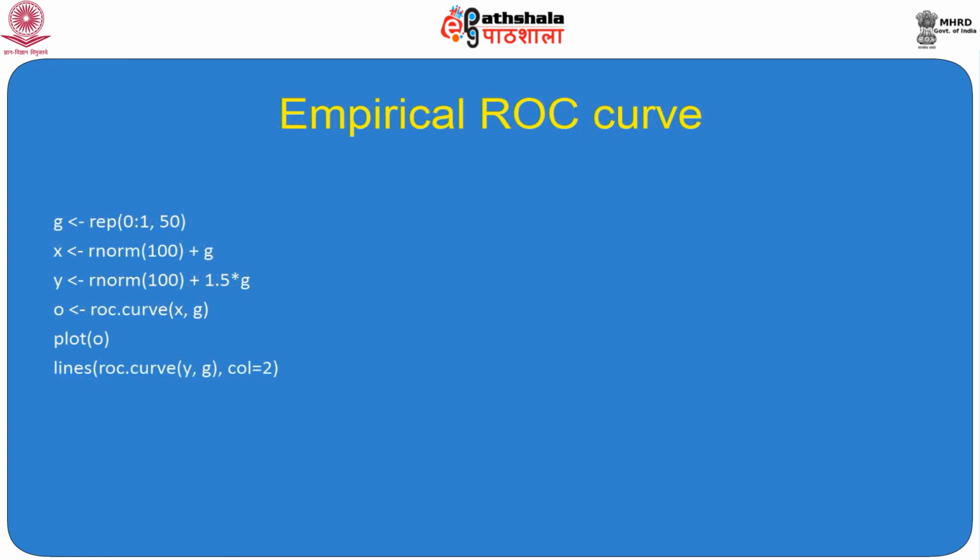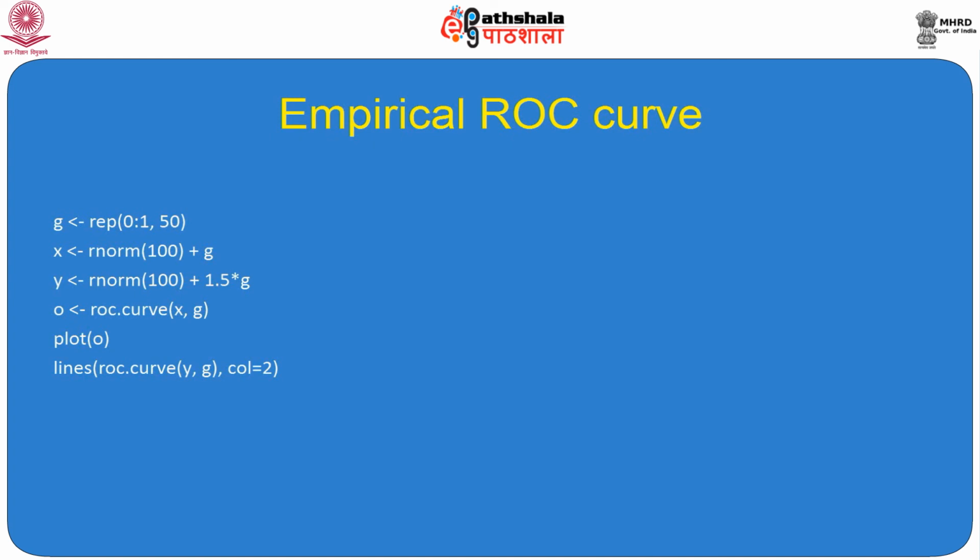Now we will plot these ROC curves. Again using the earlier functions, we generate x from the normal distribution, rnorm 100 with g, and y as rnorm 100 with 1.5 times g. We use the function ROC.curve with x, g and plot set to ROC, and these lines are given here.